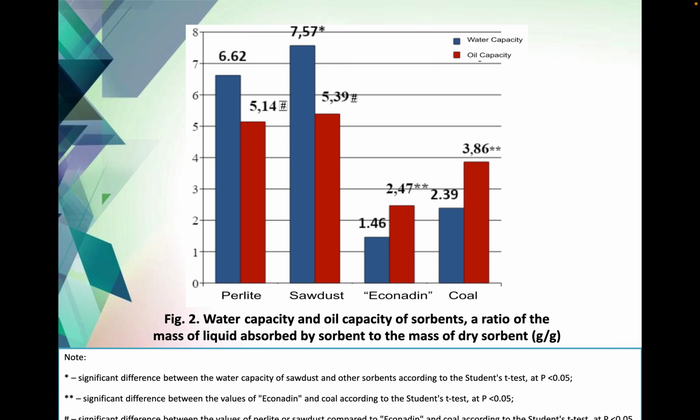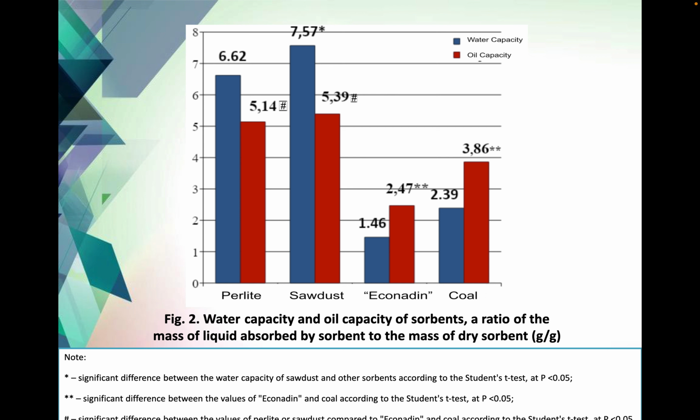According to the results of the research, a high oil capacity of wood sawdust and perlite was found, 5.39 and 5.14 grams per gram respectively, compared to econidin, 2.47, and coal, 3.86 grams of oil per gram of sorbent respectively.